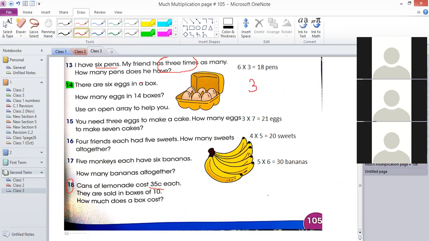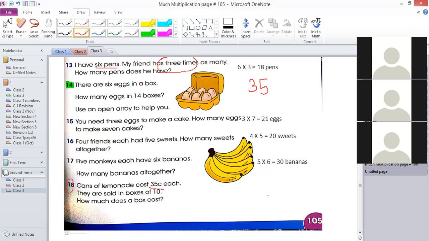And there are 10 cans in one box because they are sold in boxes of 10. So in one box, there are 10 cans.